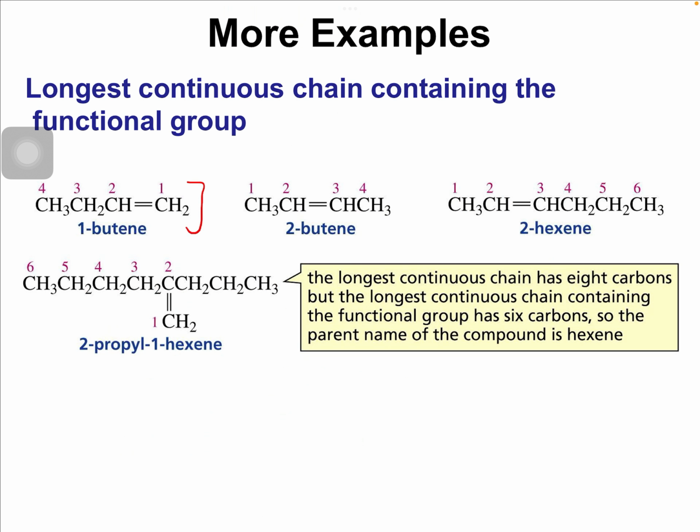So let's now apply those rules in certain examples like this one. So the longest continuous chain containing the functional group should be considered. So sa structure na to, you start from the end na ma-encounter ninyo yung double bond or triple bond first.